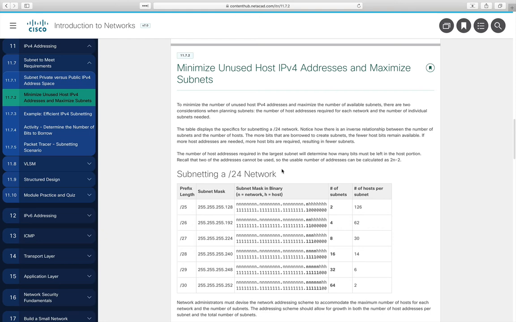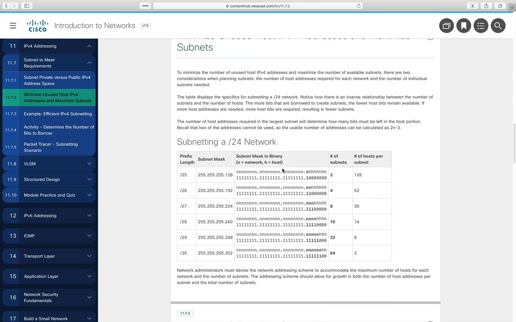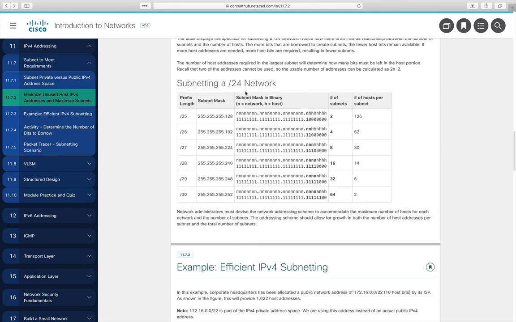That minimizes waste within the subnet and gives us a lot more subnets to use. So basically what we have here is a /24 network that we're given. And if we borrow 1 bit, it would be borrowing this first bit here.